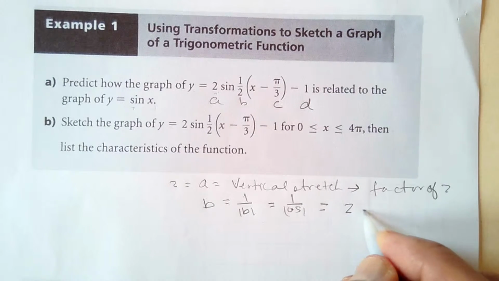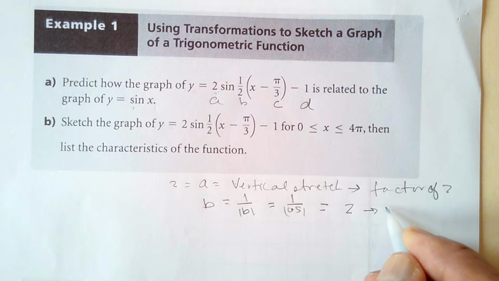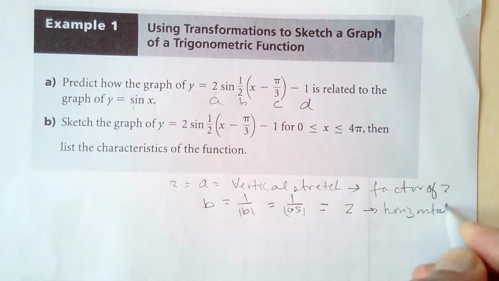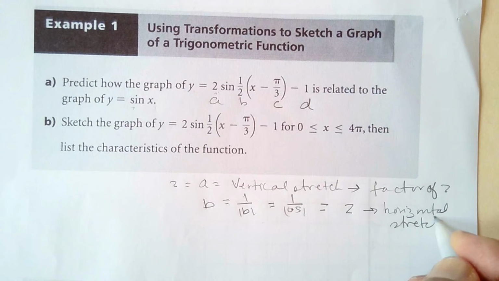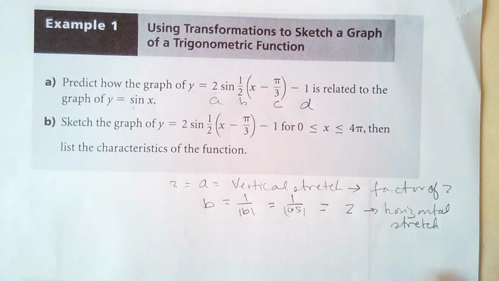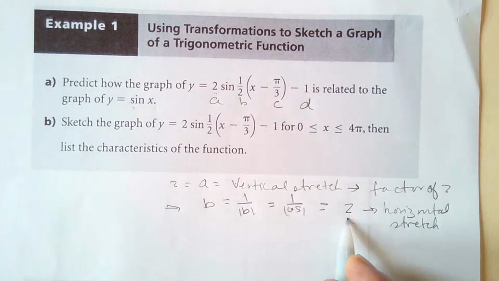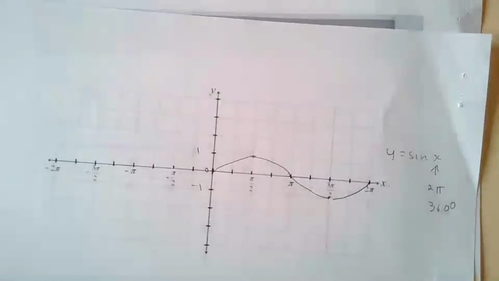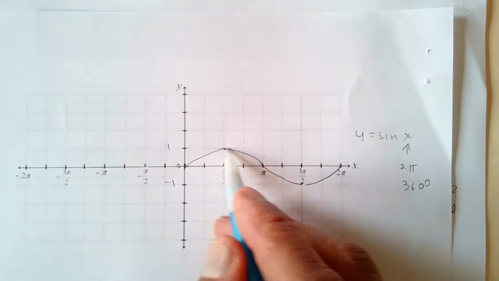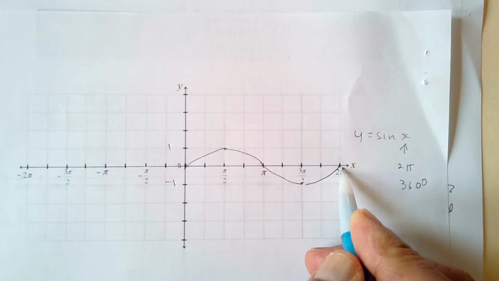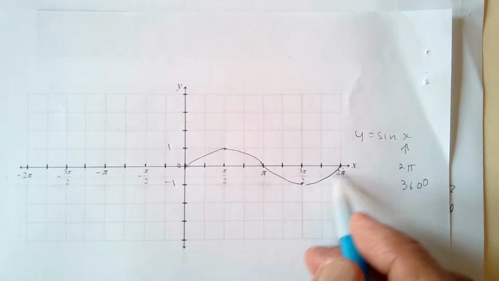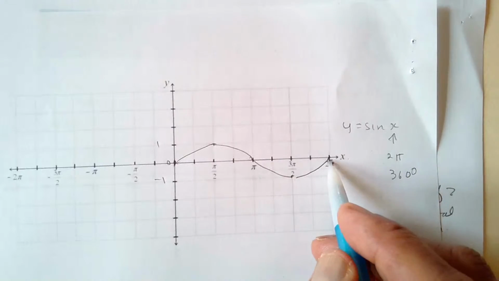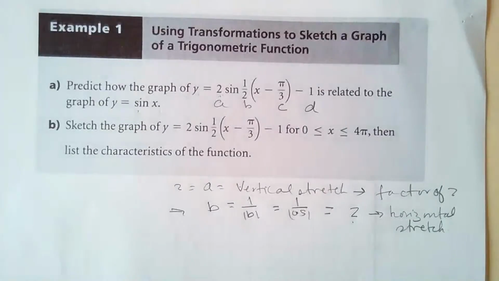In other words, you have a horizontal stretch by a factor of 2. This refers to the period. The period here is 2 pi, so if you're doubling it, now the period is 4 pi.